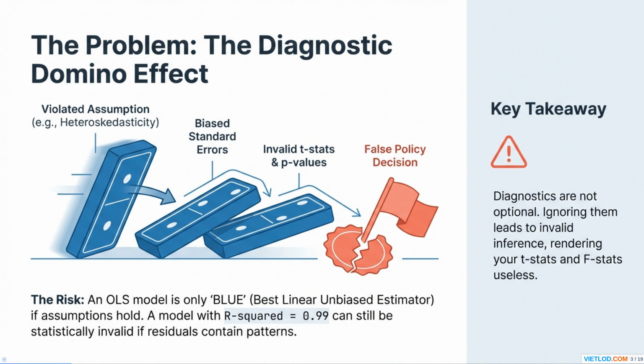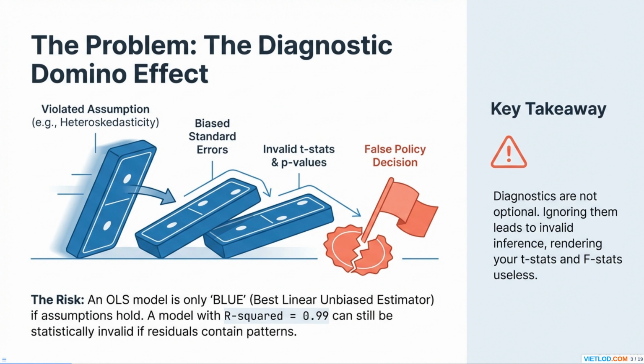When we violate a core assumption of a regression model, like heteroskedasticity, it triggers a chain reaction, much like a series of falling dominoes. The first domino is the violated assumption itself. This immediately leads to the second, biased standard errors. While your coefficient estimates might still be unbiased, the crucial measure of their uncertainty becomes incorrect.